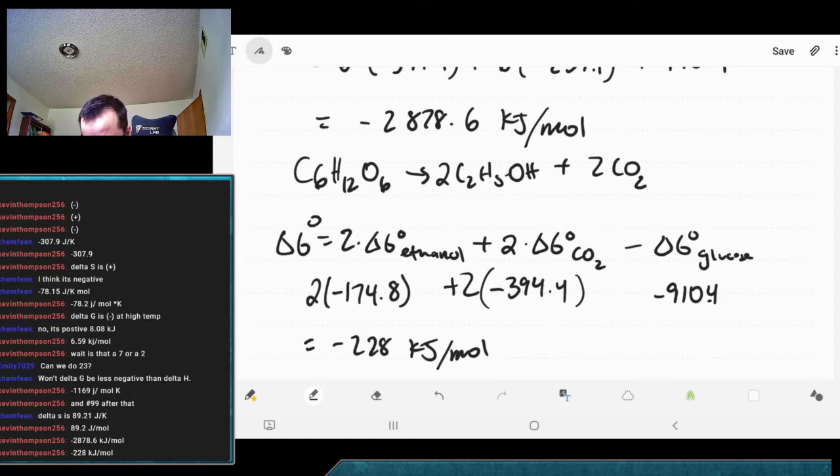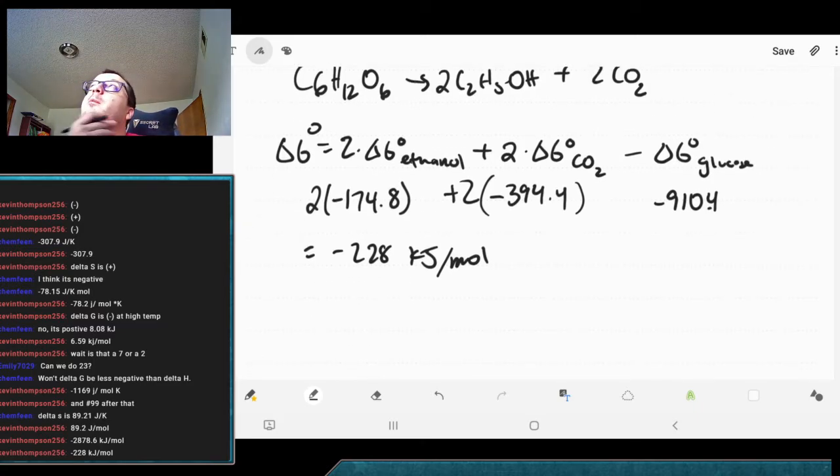Okay, so if we want to remember what happens with work, remember that for any sort of process, the energy change can be related to heat and work, right? So we're going to be looking at some work here. Remember that work is just energy that's put out.